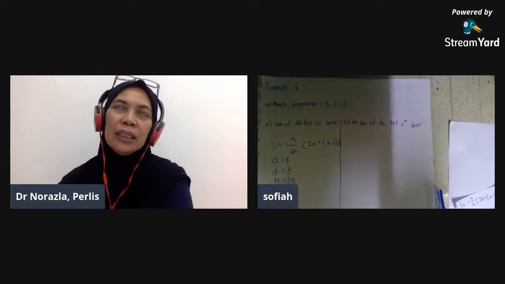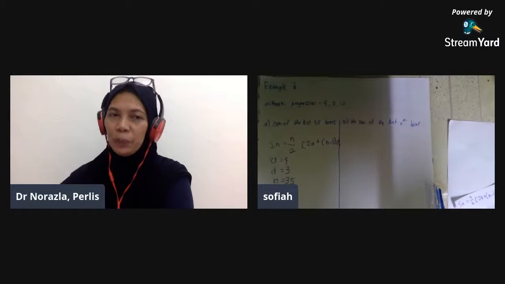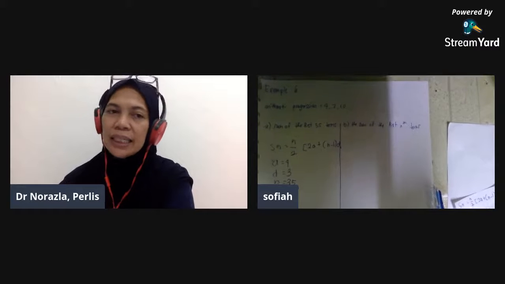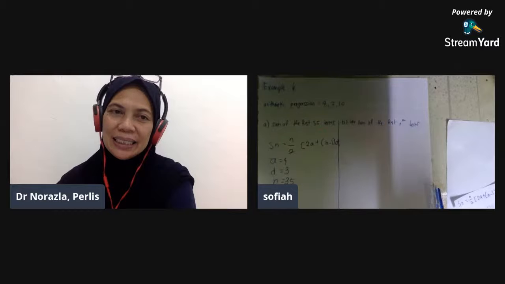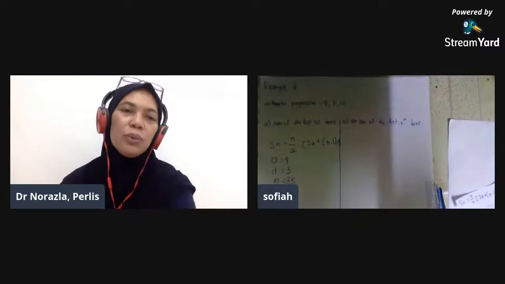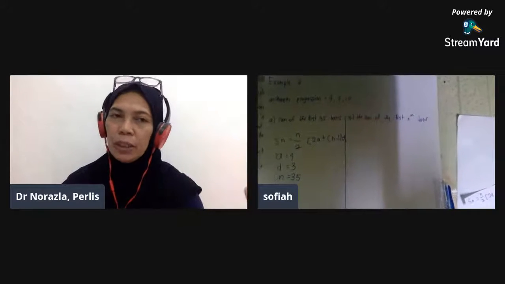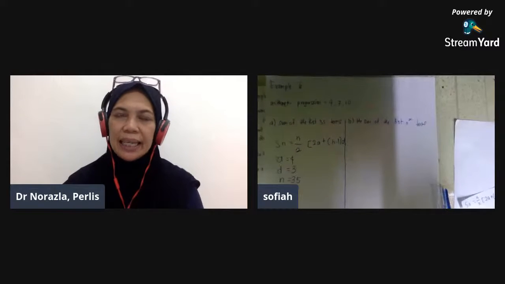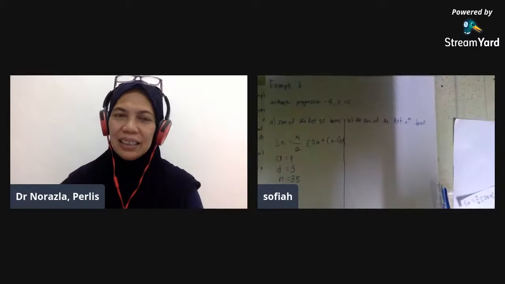But we will use the simple way to find the sum of the first 35 terms by using the formula explained by Christina just now. So what is actually the formula? So tunjuklah formula tu. From this formula, you need to identify what is N, what is A, what is D.